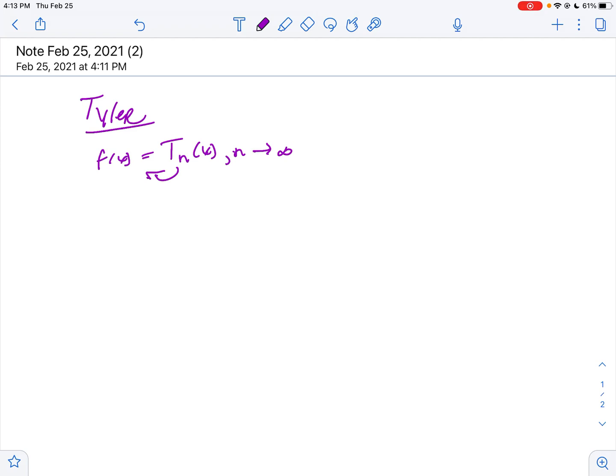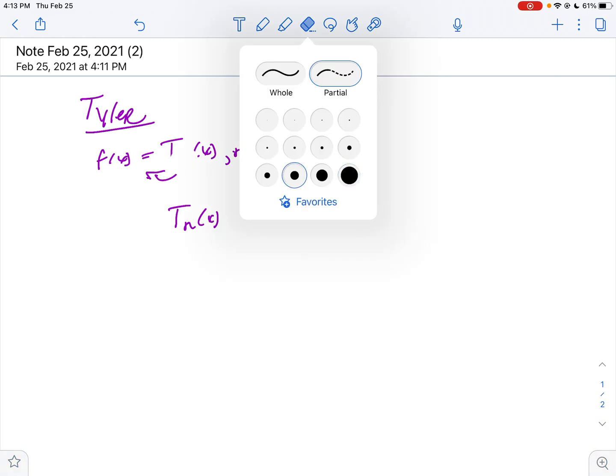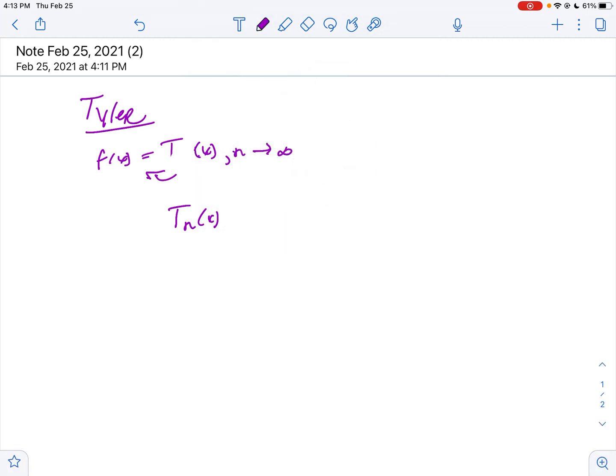When we write out the Taylor polynomial, which is just a portion of the Taylor series, this would be infinity.